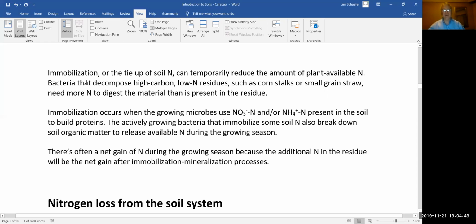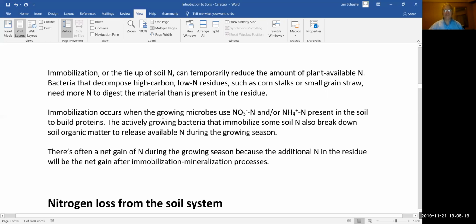The bacteria will harvest it out of the soil chemistry. They'll take nitrates and ammonia directly out of the soil chemistry. They will break those molecules with enzymes and other methods, and they will utilize that nitrogen to reconstruct it into the chemistry of a protein molecule.